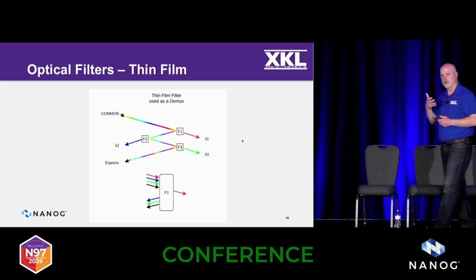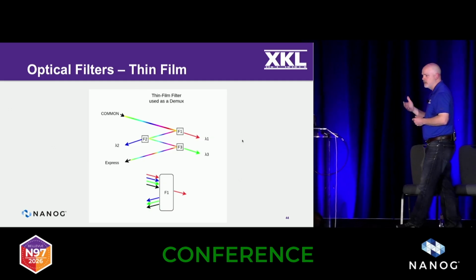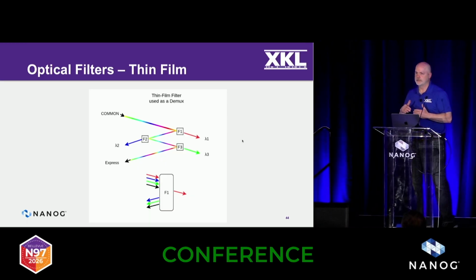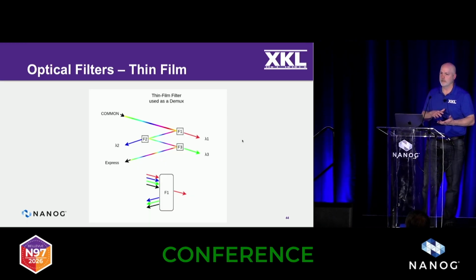There's a film on the glass. A thin film filter is many layers of material on a glass substrate, carefully engineered to pass certain frequencies and reflect others. And in doing so, you can build a channel plan. In this example, I've got 3 different colors, 3 different filters, F1, F2, F3.